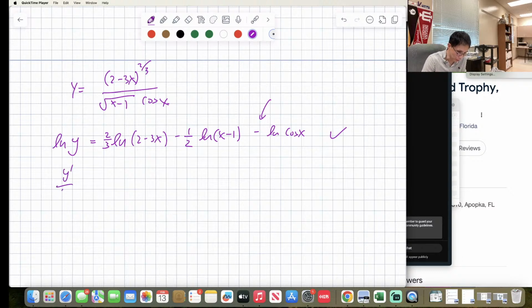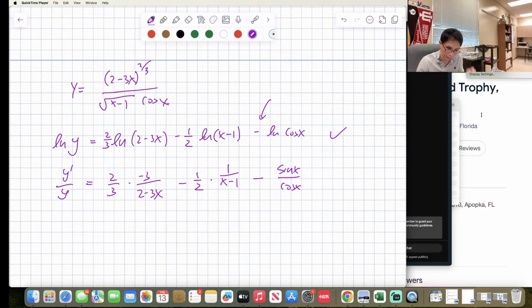Now this one's y prime over y, so it'll be 2/3 times -3 over 2 minus 3x, minus 1/2 times 1 over x minus 1, minus u prime over u, so it'll be sine of x over cosine of x. Hold on, u prime is negative sine of x. So if they take the derivative correctly, that's 1 check.